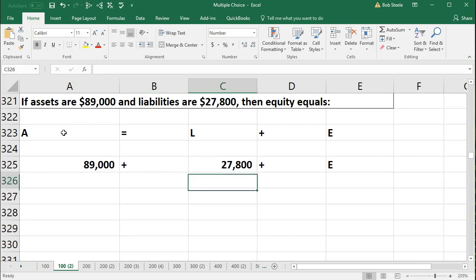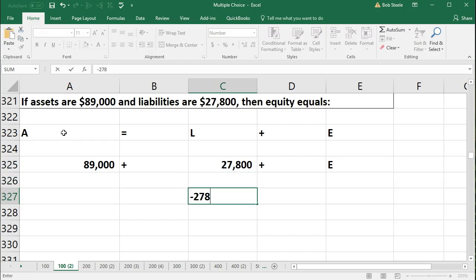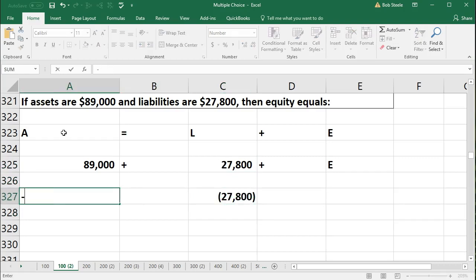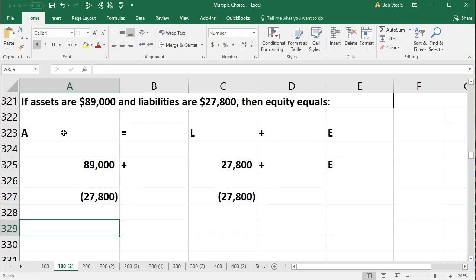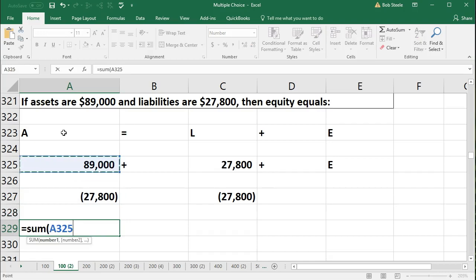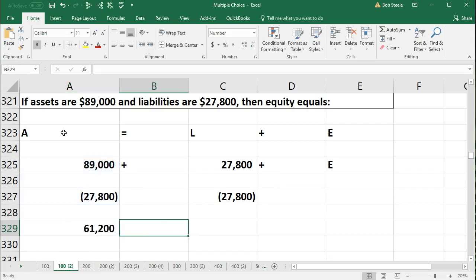We're going to therefore subtract the 27,800 from each side. 27,800 is going to be subtracted. And then if we do the math, we're going to say that this number, 89,000 minus 27,800, is 61,200.